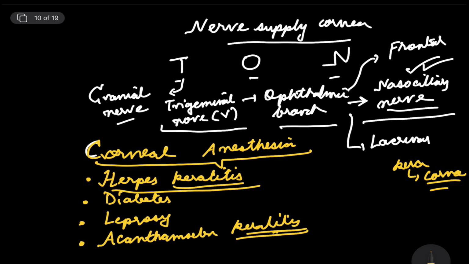We'll talk about keratitis in a great lot of detail in a different video, when we talk about the corneal pathology of corneal ulcer, which is one of the most important pathologies in the eye. There we'll talk about all the different types of keratitis: herpes keratitis, acanthamoeba keratitis, viral keratitis, bacterial keratitis. For now, just remember that these are the reasons for corneal anesthesia.